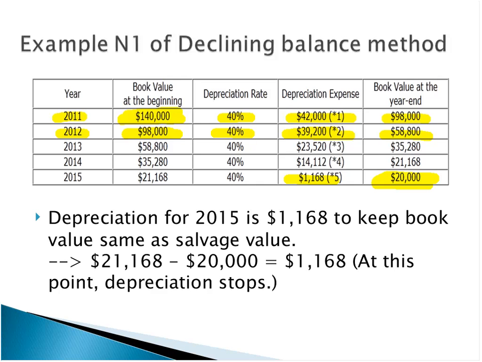You remember in the assignment, it was given that this equipment would be sold after 5 years of use in the company for 20,000. So at the end of the 5th year, we have got the book value at the end of 2015, which is equal to 20,000, the value for which it would be sold.